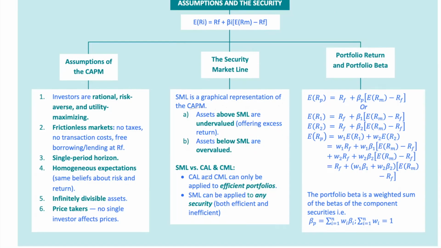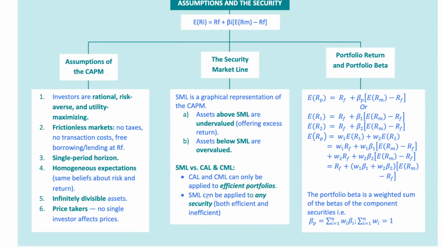Now, quick comparison, because the exam loves to throw this curveball. You've seen the CML, the capital market line. The CML applies to efficient portfolios where all risk is systematic. The SML, on the other hand, applies to any security, efficient or inefficient, because it uses beta, not total standard deviation.